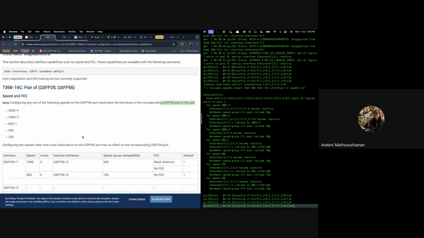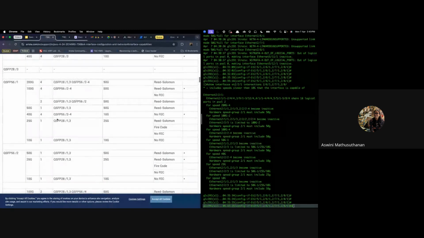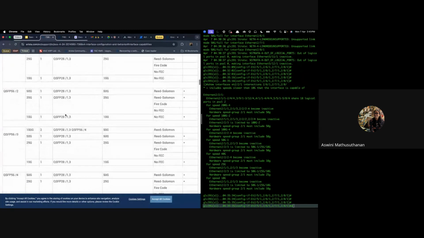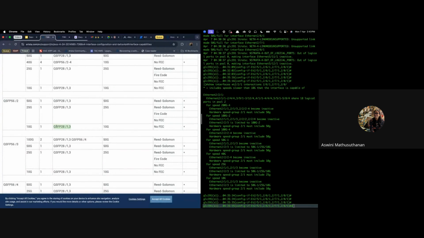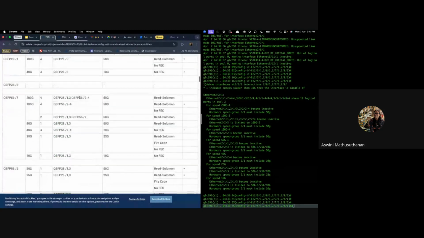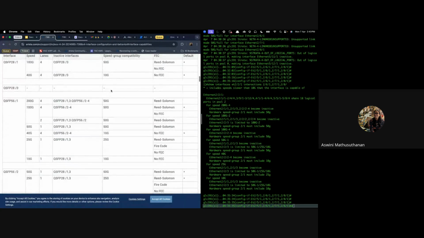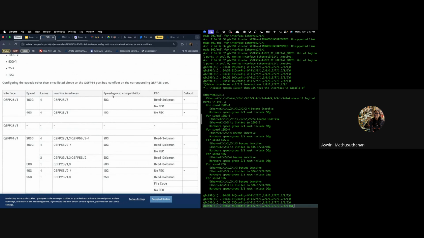This is a very good TOI. If you're confused about which interface will come up or go down, we can just go over this TOI, and it will explain a lot more clearly. We can see which interfaces will go up. There's also what I was mentioning: the TOI needs changes, the speed group compatibility.